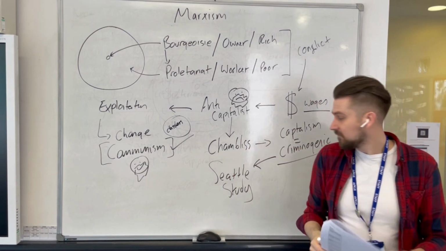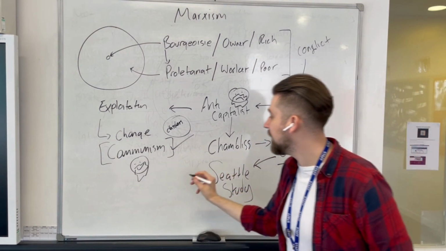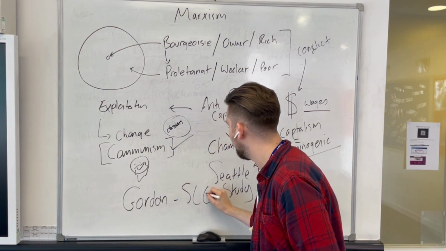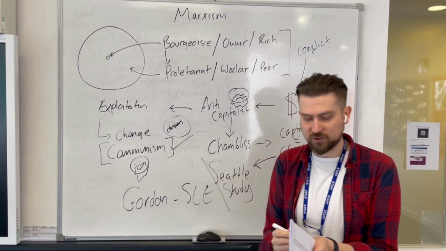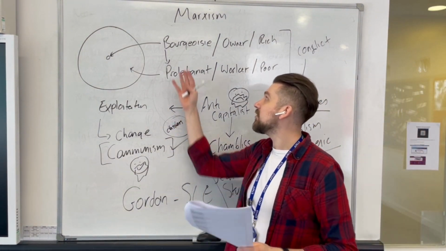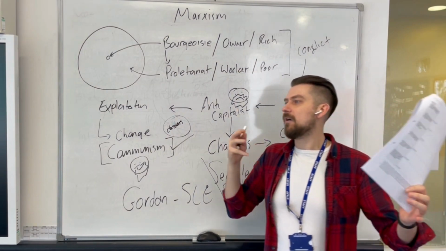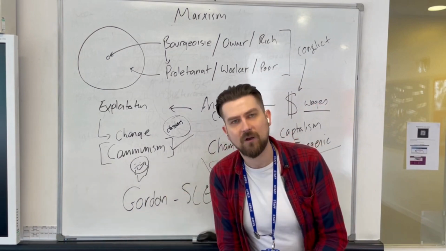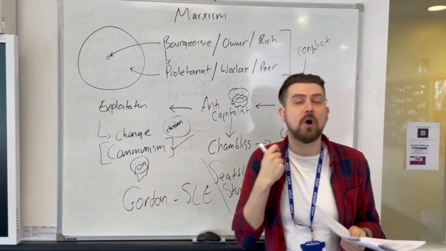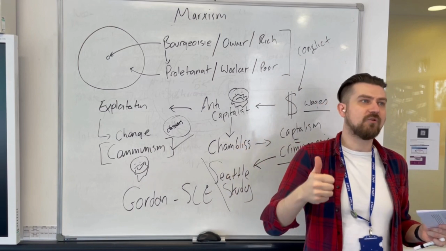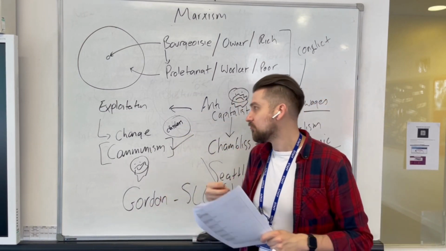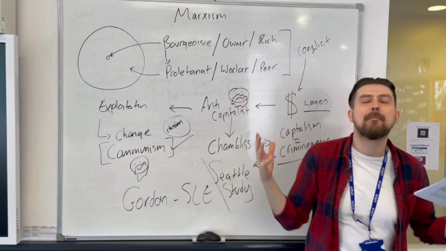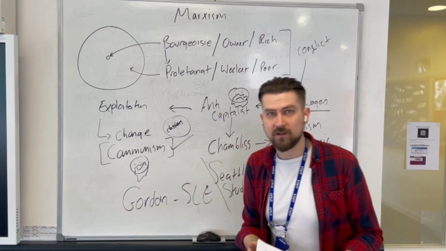This ties nicely in to Gordon, and Gordon's idea is selective law enforcement. I'll call it SLE for short, which basically means that because the bourgeoisie is so powerful, they are using the police almost like a tool, and the police will then position themselves in working class areas and target blue collar crime, such as street robbery and violence and theft, rather than targeting bourgeoisie, white collar, middle class crime like fraud and embezzlement and money laundering.